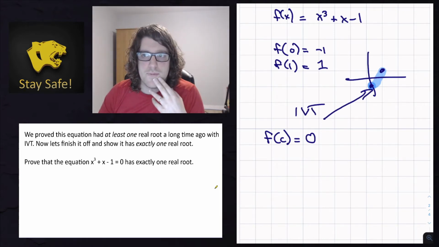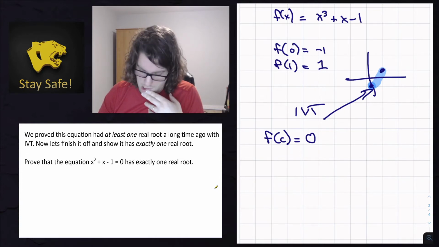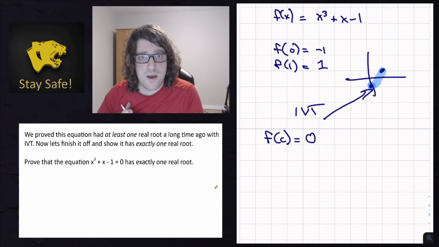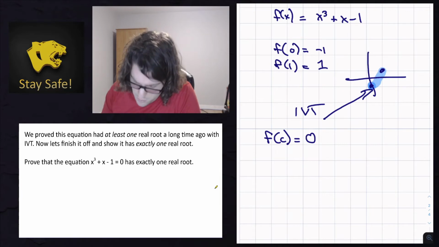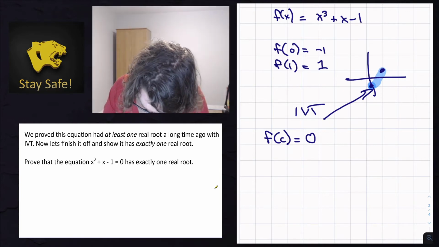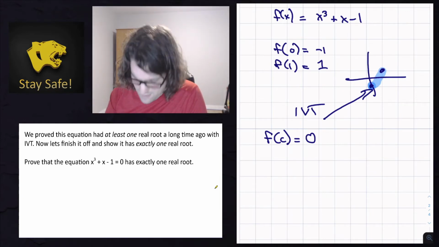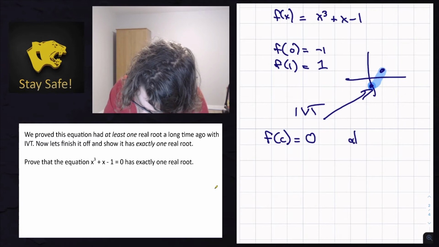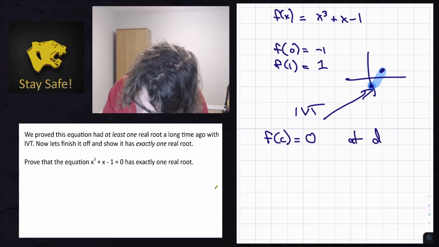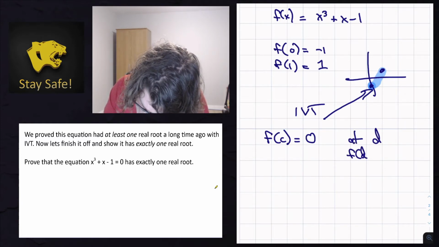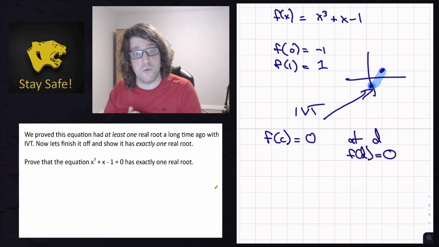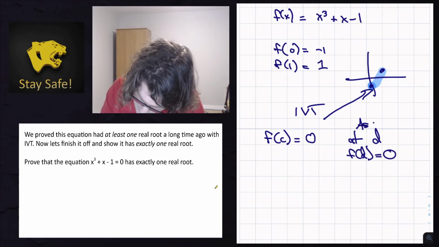So let's say that there is another point somewhere along here where the value at that point is also 0. So what that would mean is we would have some other value, let's say at d, f at d is also equal to 0. We're going to assume that. Assume this is true.